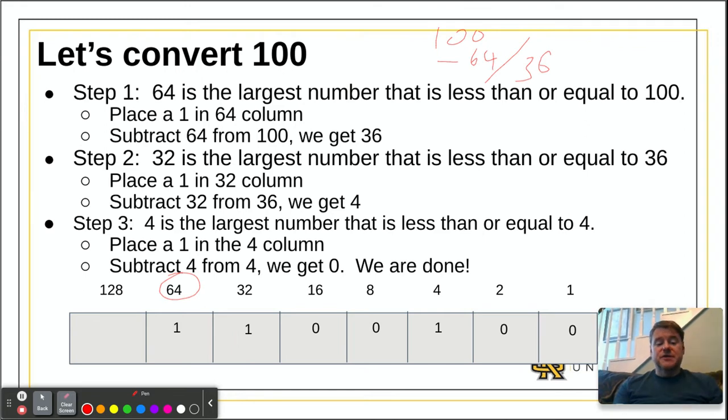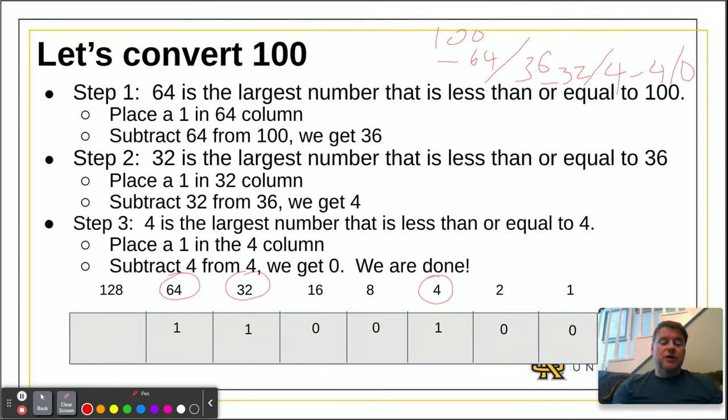All right, so the next thing to do is find the next biggest number that is less than or equal to 36, and that's the 32. So we put a 1 in there, and so we subtract 32 from 36, and that leaves us with a 4. All right, so we find the next largest number that's less than or equal to that number, which is the 4. We subtract 4 from that, and that leaves us with 0.